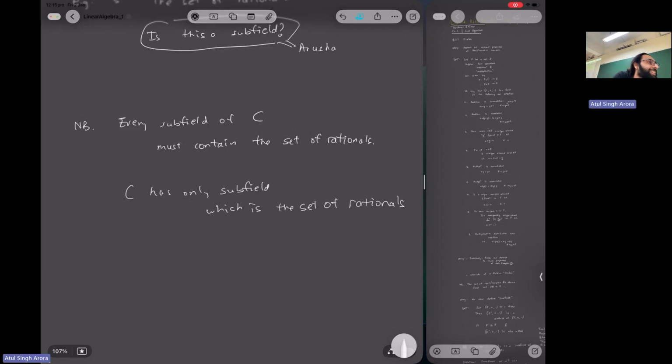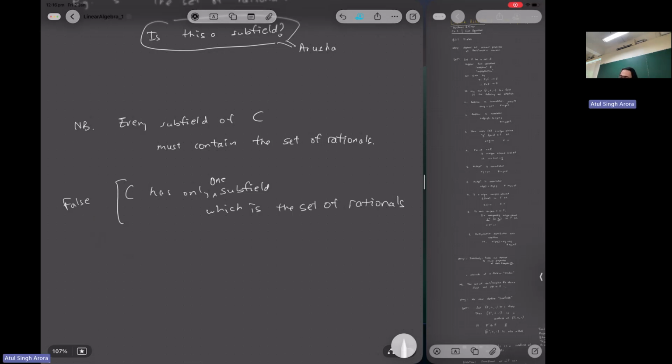Say it. Sorry, louder. Yeah. Only one. One subfield. Exactly. So that's the point. Yeah, sure. The statement is wrong because this is false.